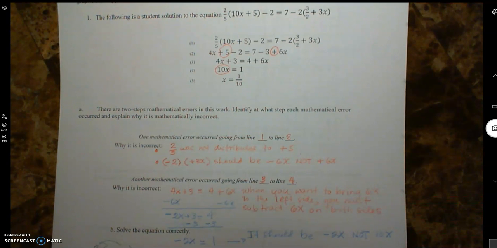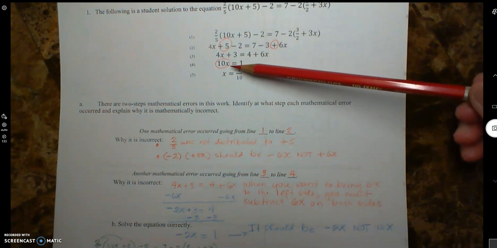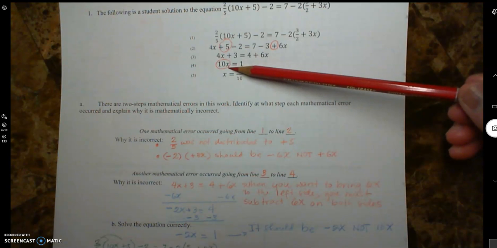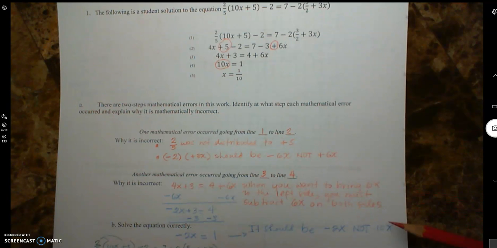I explained that already. The final here should be a negative 2x equals 1, which, as you can see here, you have been given a positive 10x. So that's an error. The error occurred from line 3 to line 4 with this reason.